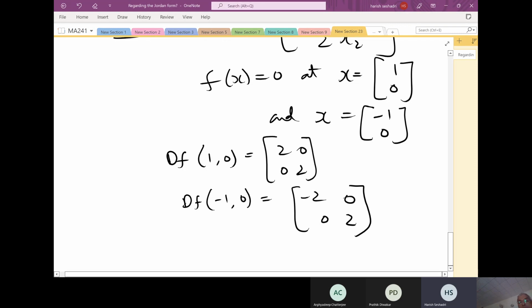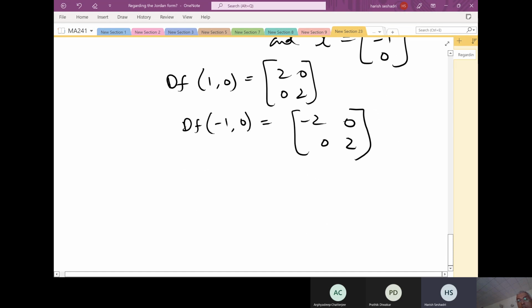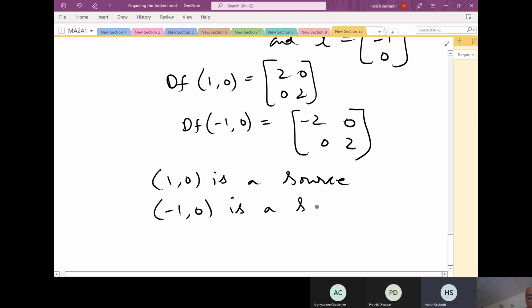So in the first case, I get a source because I have two positive eigenvalues, and in the other I have one positive and one negative, so this is a saddle.